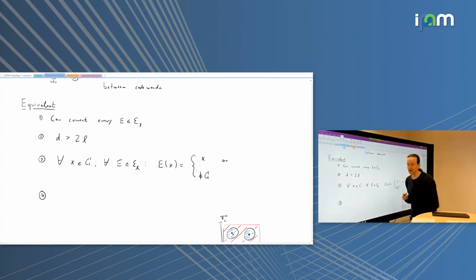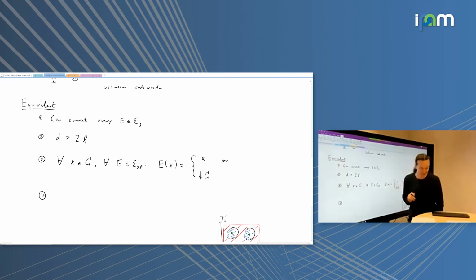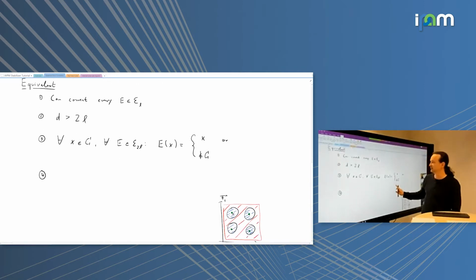So no error can turn a valid code word into another valid code word. And this has to be true for 2L actually, to avoid ambiguity. Good. Fine, so I guess it's obvious that this is the same, just stated in a more complicated way.